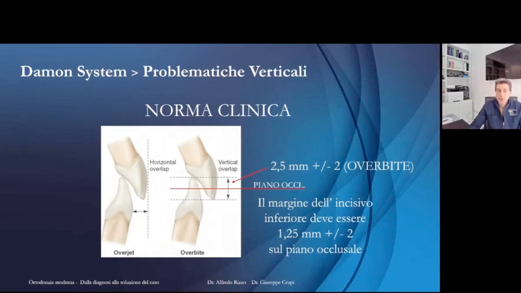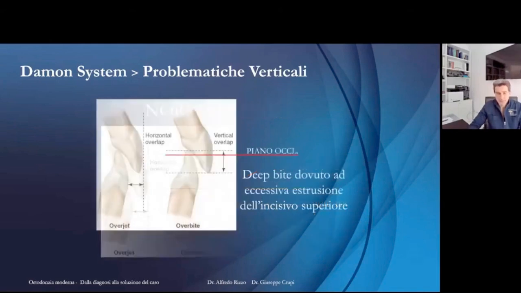The margin of the lower incisor must be 1.5 plus minus 2 millimeters on the occlusal plane. So the distance should be 1.25 plus or minus 2 millimeters, whereas the distance from the upper incisor should be 2.5 millimeters plus minus 2.